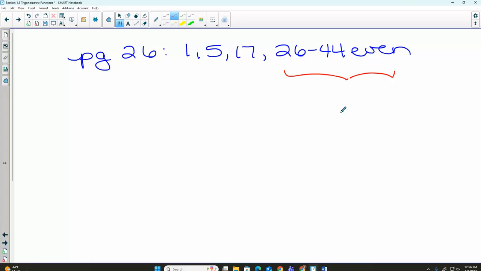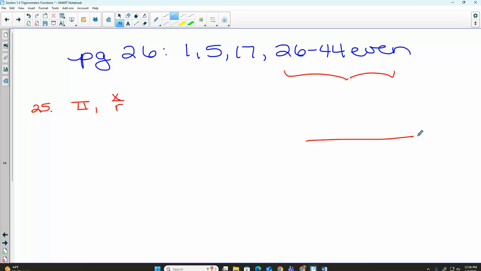Okay, on these, it tells us, suppose that point xy is in the indicated quadrant. Decide whether the given ratio is positive or negative. So let's look at problem 25. It says in quadrant 2, x divided by r.